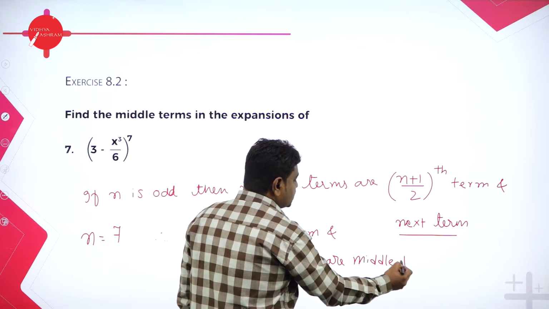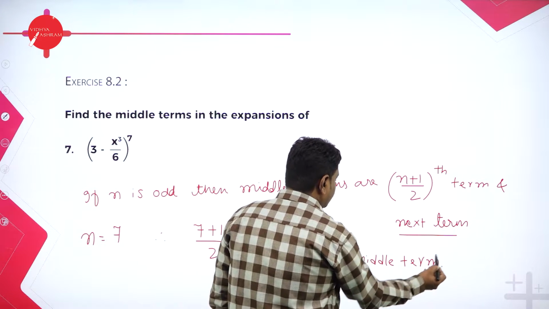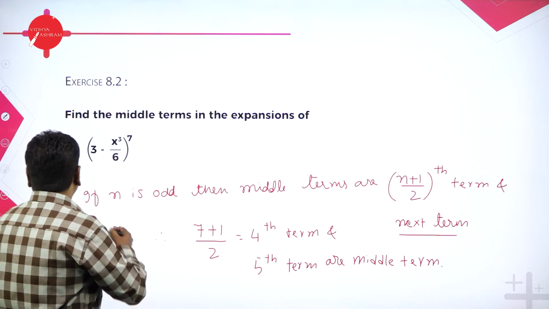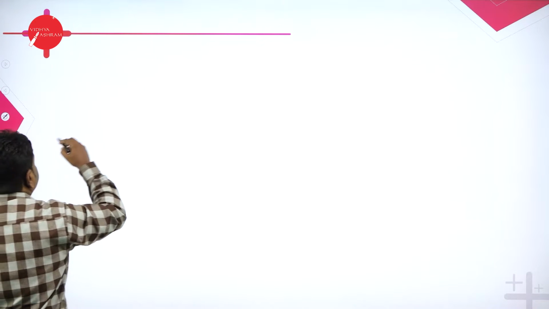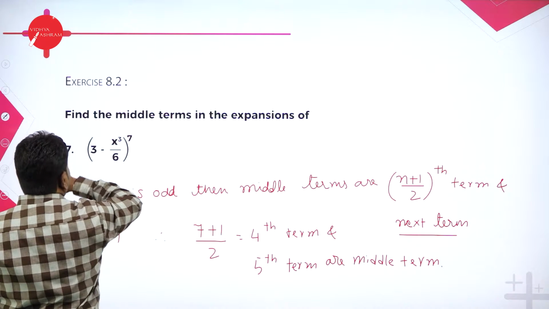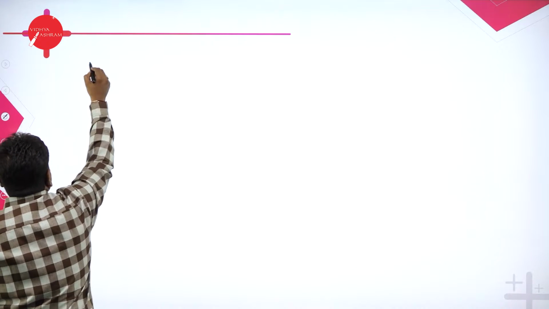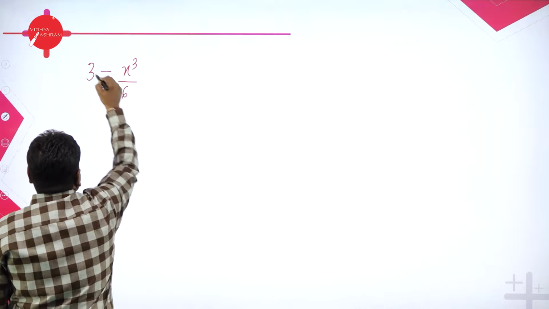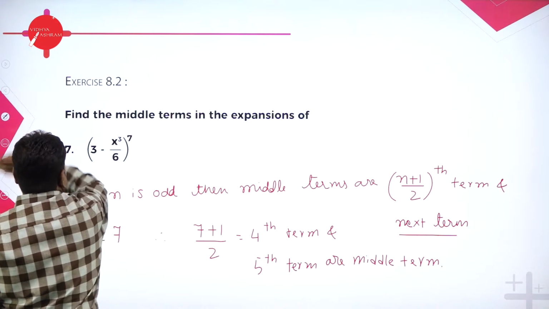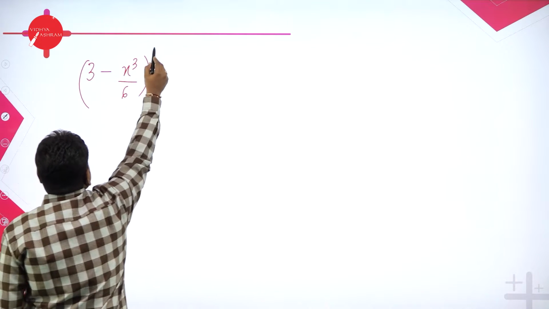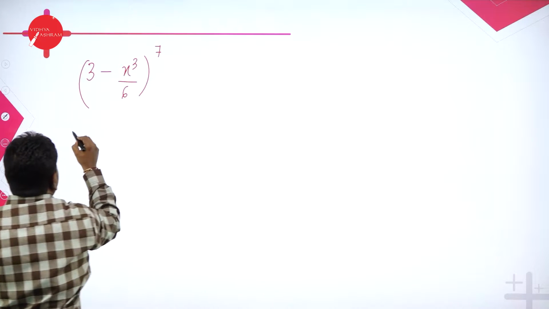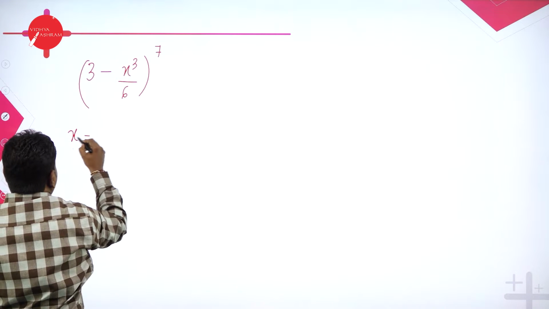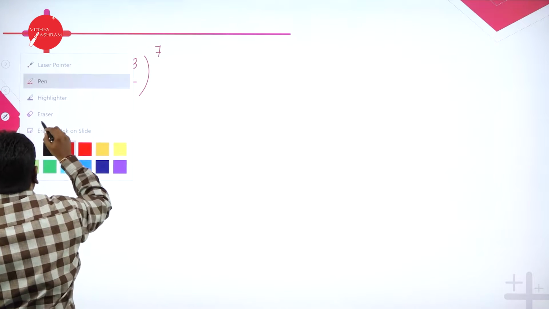So now your task is to find T4 and T5. So now if you see (3 minus x cube by 6) power 7, and here a is the first term, or a b we say.